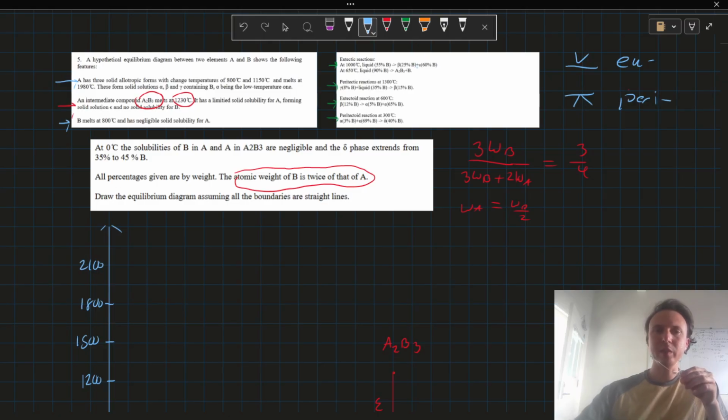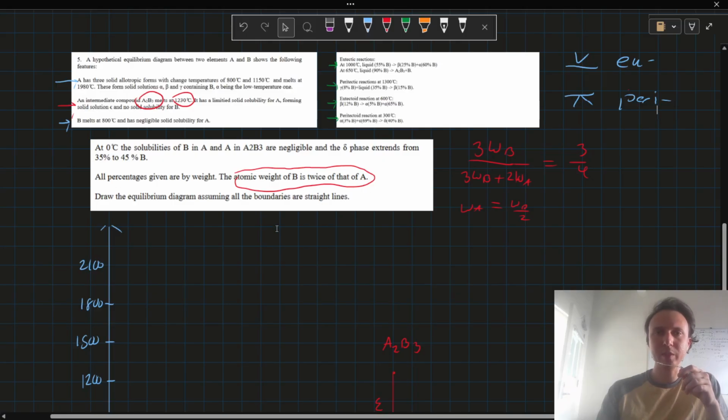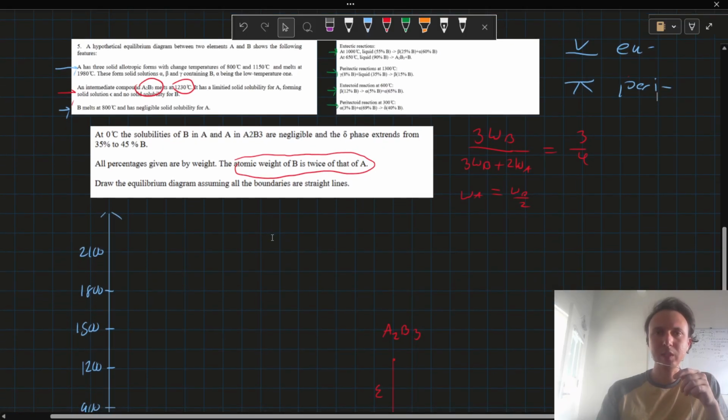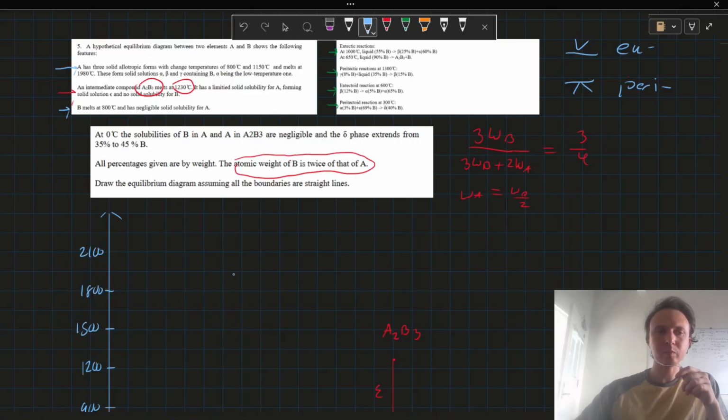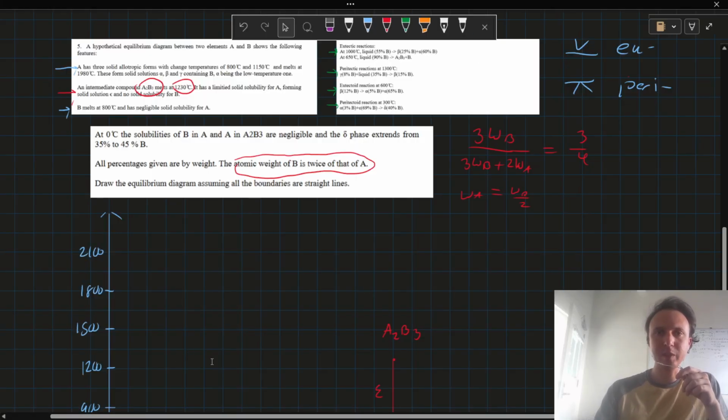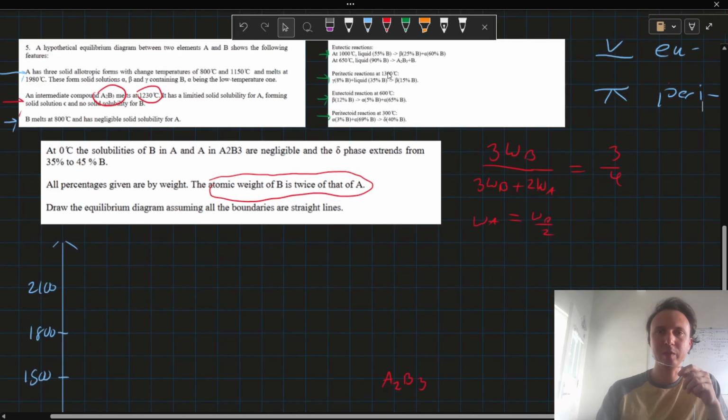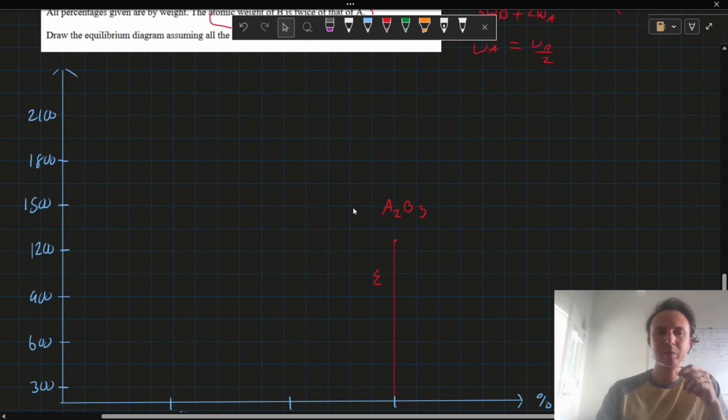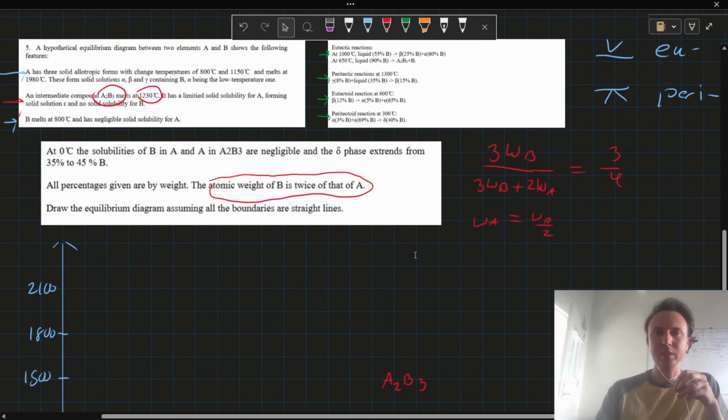So what we're going to do for each of these is each one gives us 3 points. So for example, 1000 degrees Celsius, we have 55% B, 25% B, and 60% B. I don't really care what the phases are yet. We just gotta start filling in the points.